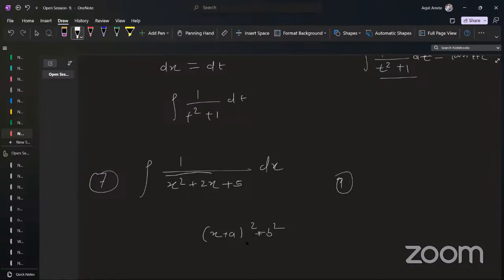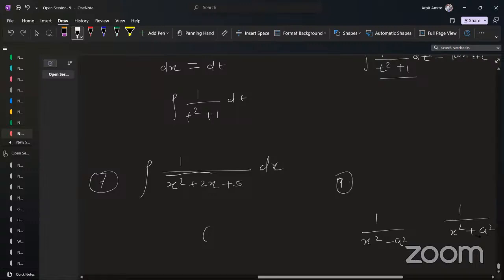Okay, if we see this question, we have the formula for x square minus a square, and 1 upon x square plus a square also, right? We have the formula for that.